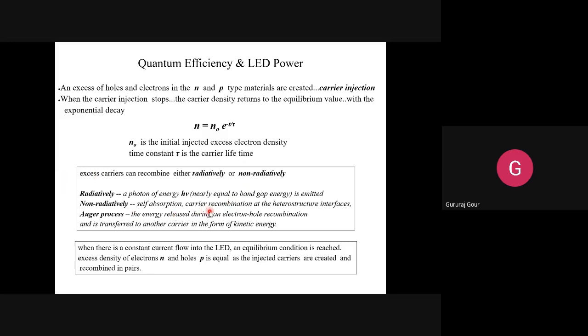It doesn't mean radiative carriers don't occur, but they are fewer. How many are actually taking part in the recombination process, externally generated plus thermally generated, J by QD plus N by tau? Out of this, only J by QD takes part more effectively. That is the meaning.